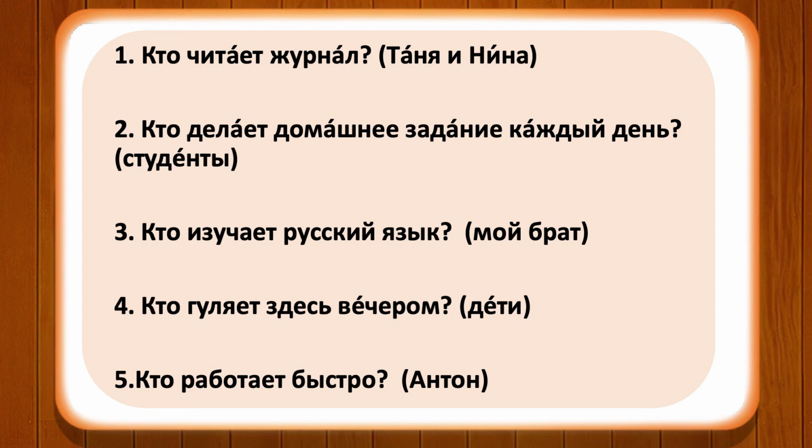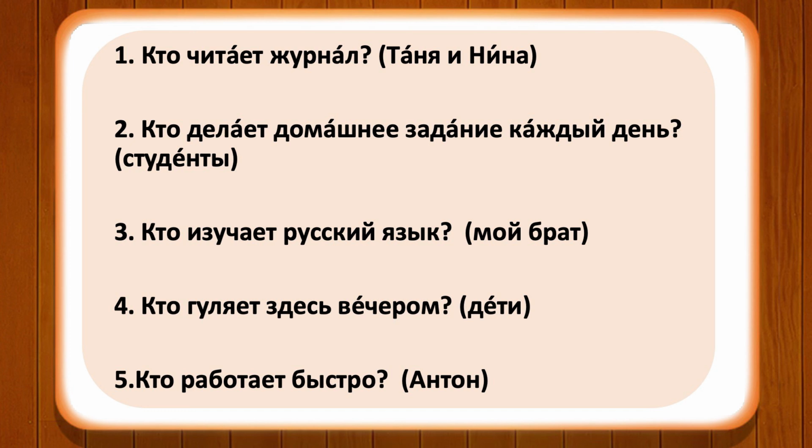Who is reading the journal? In the bracket you have the names Tanya and Nina. Tanya and Nina, they form они. So Tanya and Nina читают журнал, or you can say они читают журнал.